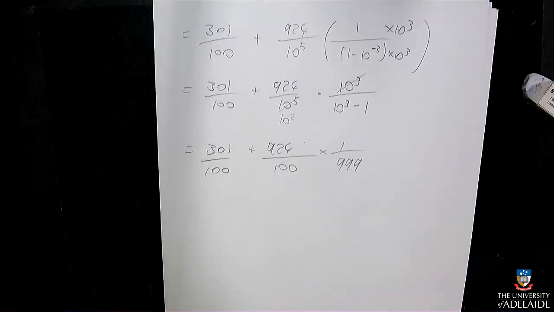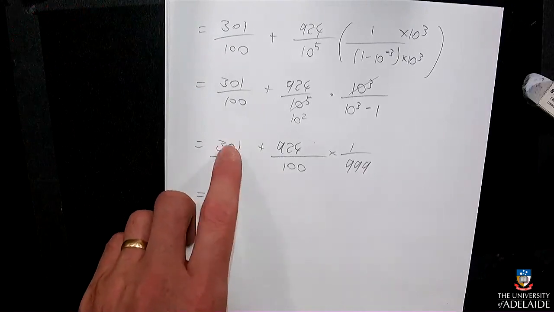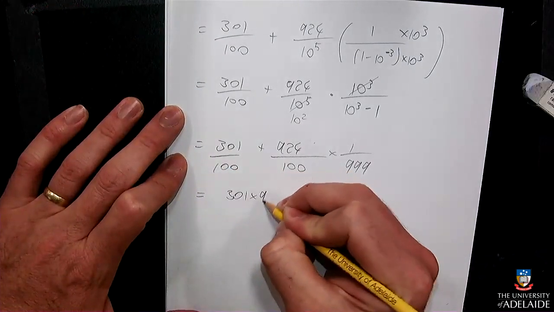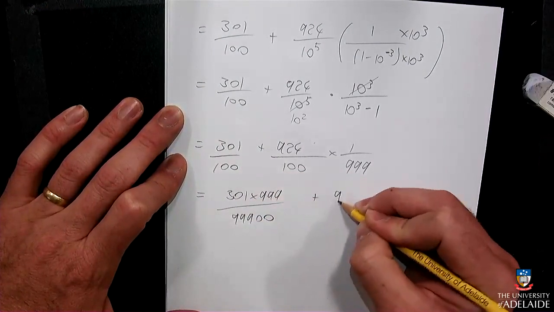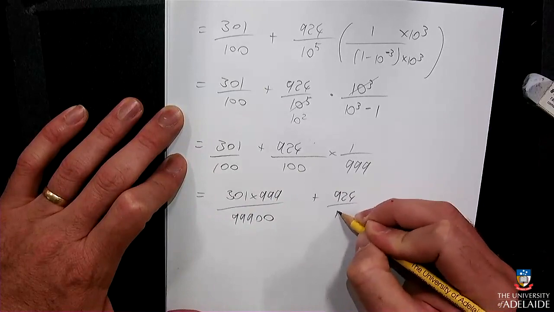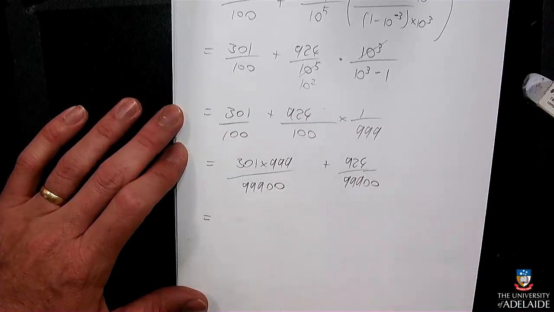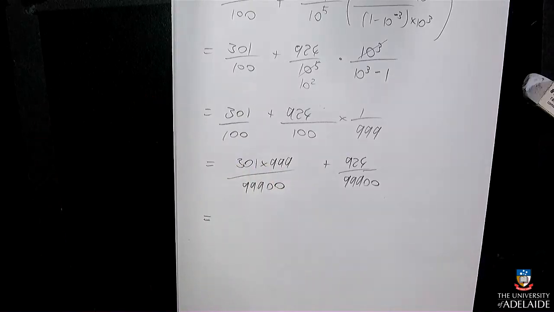So, therefore, if I want this as a single fraction, I'm going to need to times this one by 999 on top and bottom. Which leaves me figuring out what this is. I guess it's 301,000 minus 301.